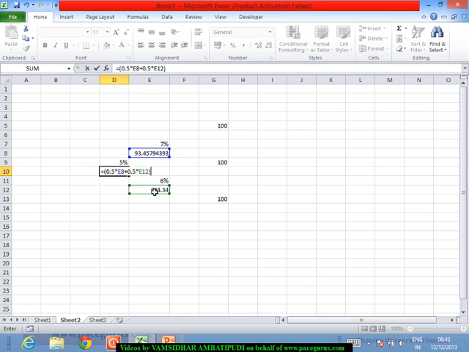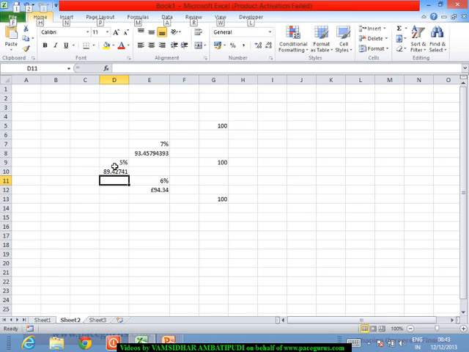So this is the expected value of the bond at the end of 1 year. But right now, if I want the value of the bond, again I am discounting it with the current interest rate, which is telling me that my bond is worth 89.42 bucks. So the value of the bond in this case is 89.42.